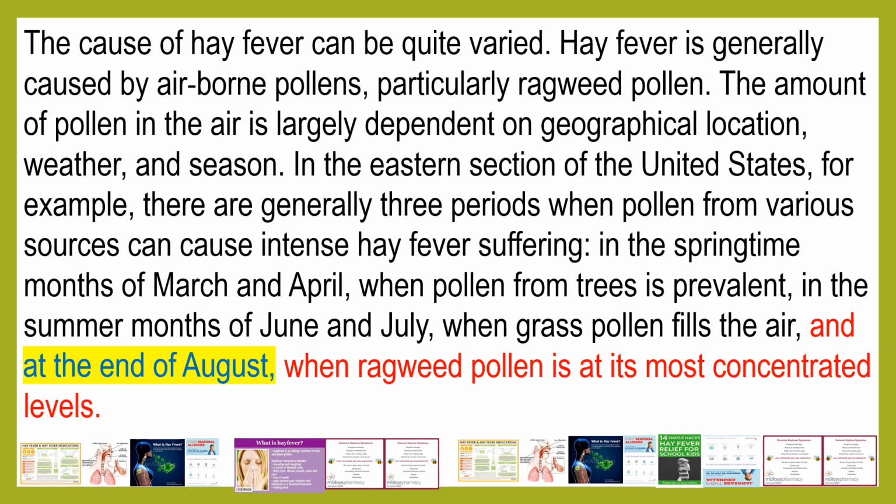Pada tingkat konsentrasinya yang tertinggi artinya pada keadaan di mana serbuk sari itu sedang melimpah. It means at its most prevalent state. At the end of August means at the end of the summer. Okay, let's be back to question number 3 to answer the question correctly.